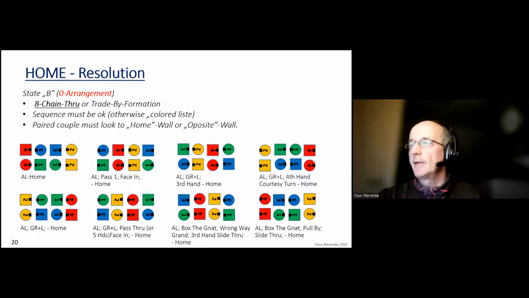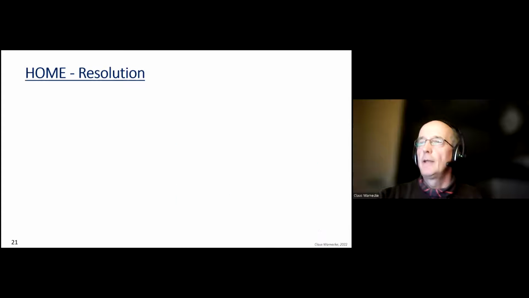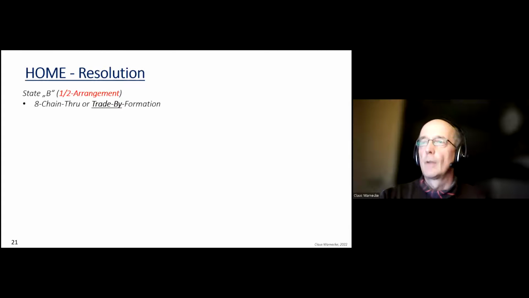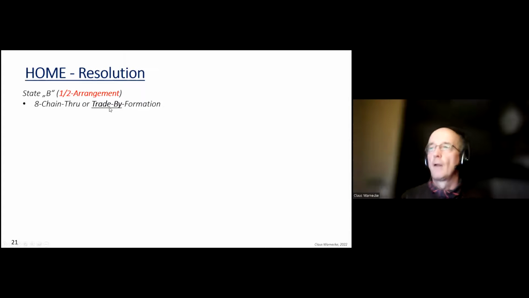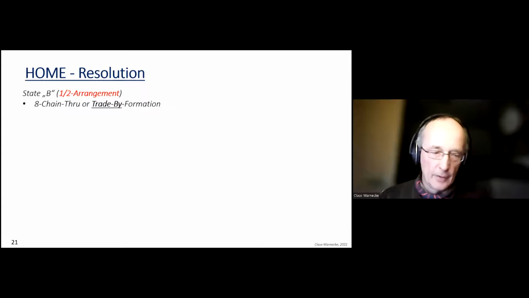And the same situation can be done in half arrangements. Same as A chain through or trade by formation, but here the trade by formations are the nicer formation, because on the third hand or full, the right hand is by your partner.